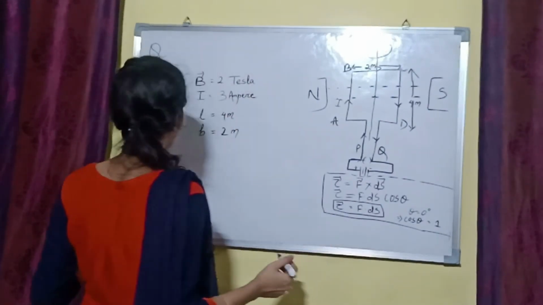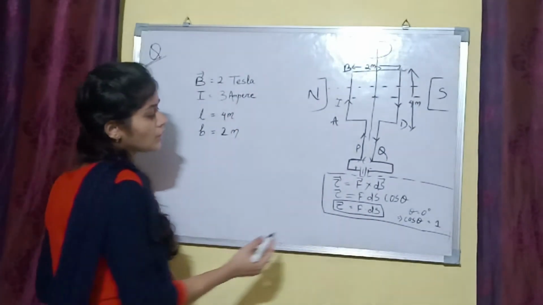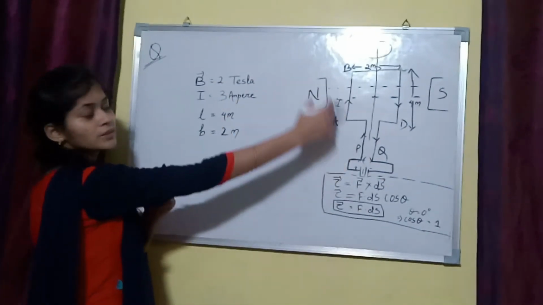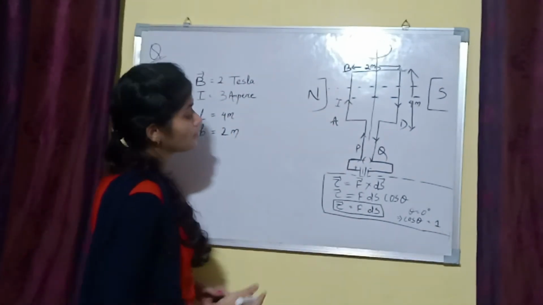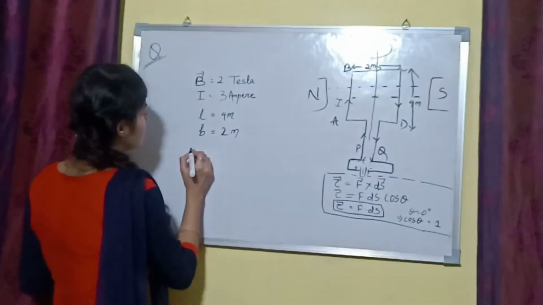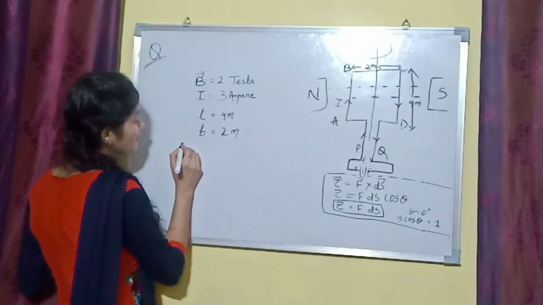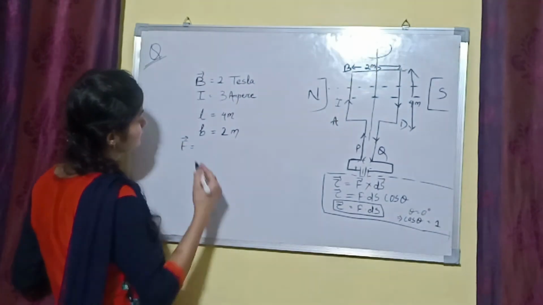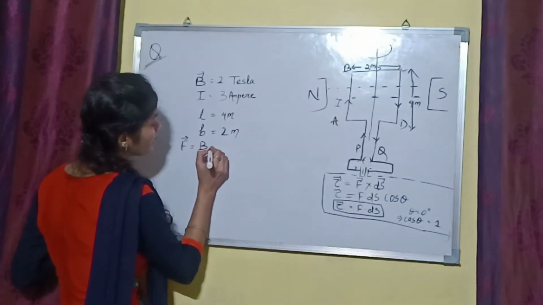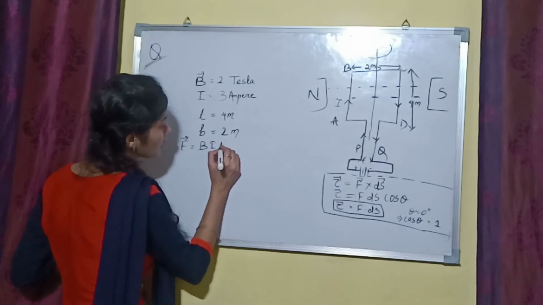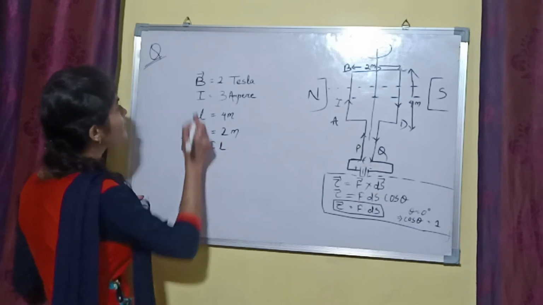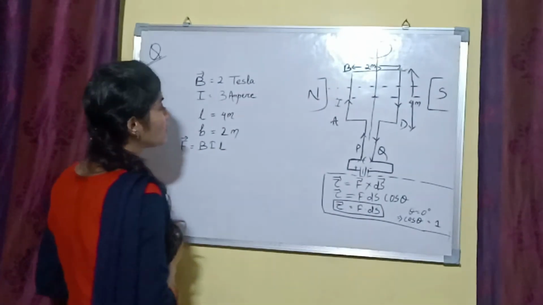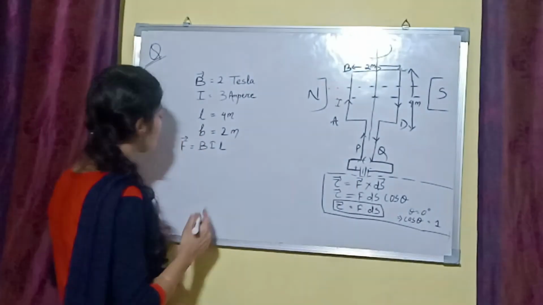So to calculate the torque, we have to first calculate the force produced in this arrangement. What is the formula for force? We have seen F is equal to B I L. B is the magnetic field, I is the current, and L is the length of the wire.